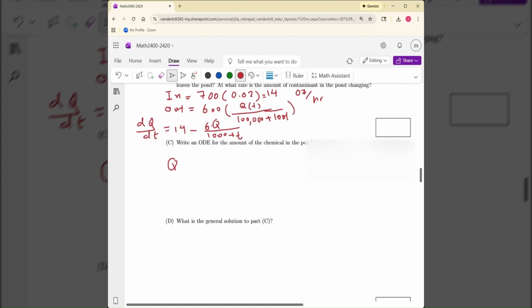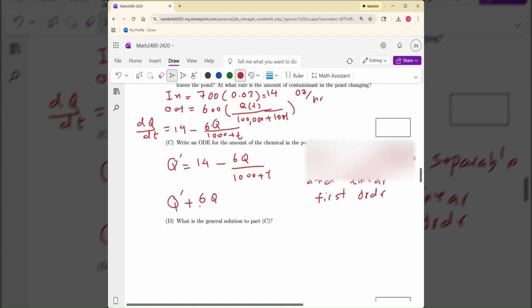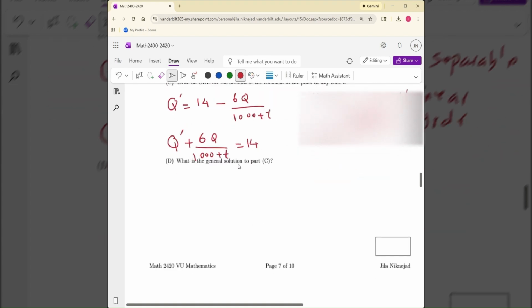So we have Q prime equal to 14 minus 6Q over 1000 plus T. Now it's asking for the general solution. So first the standard form is done.